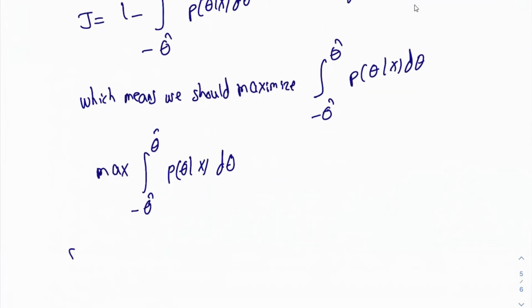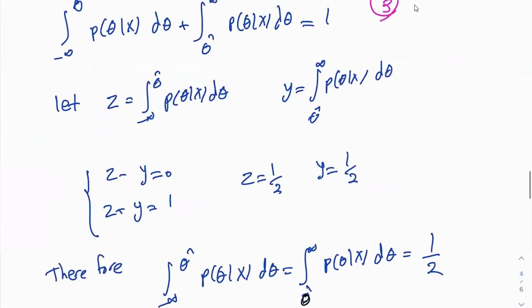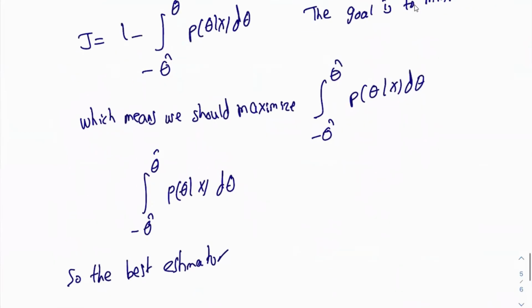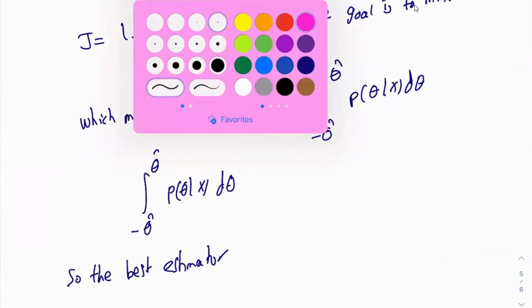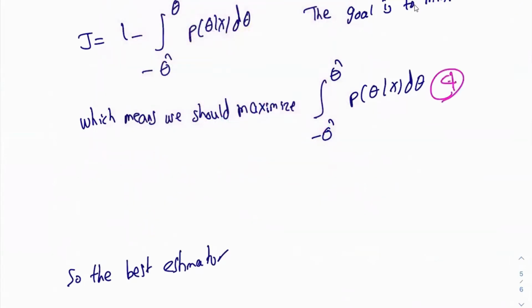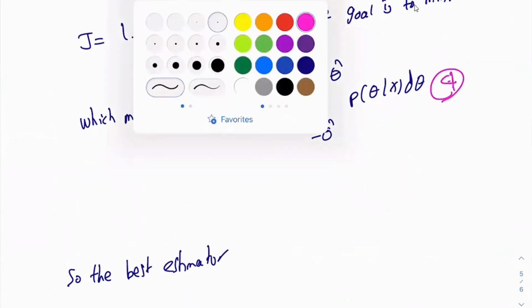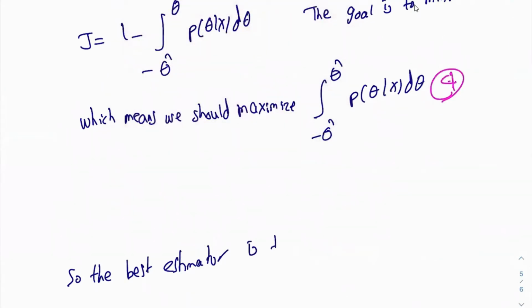Let's make this equation 4. Therefore, the best estimator is the theta hat that maximizes equation 4.